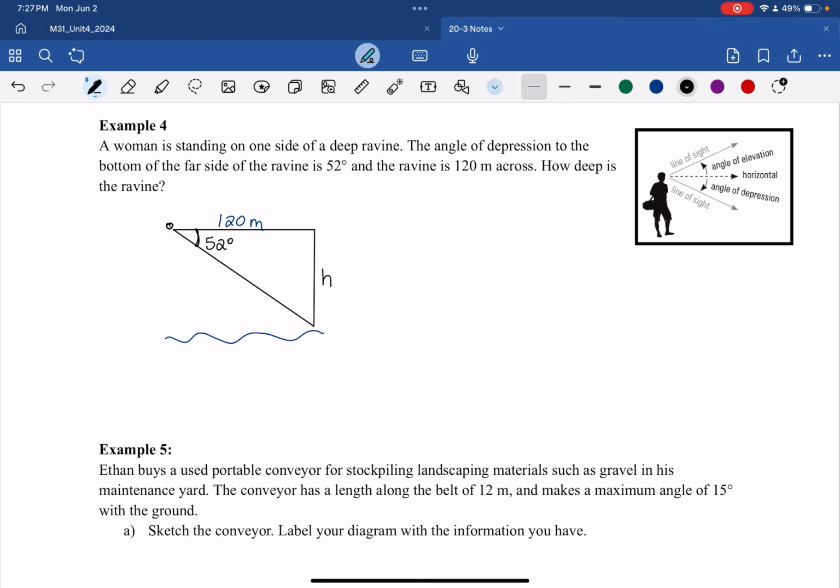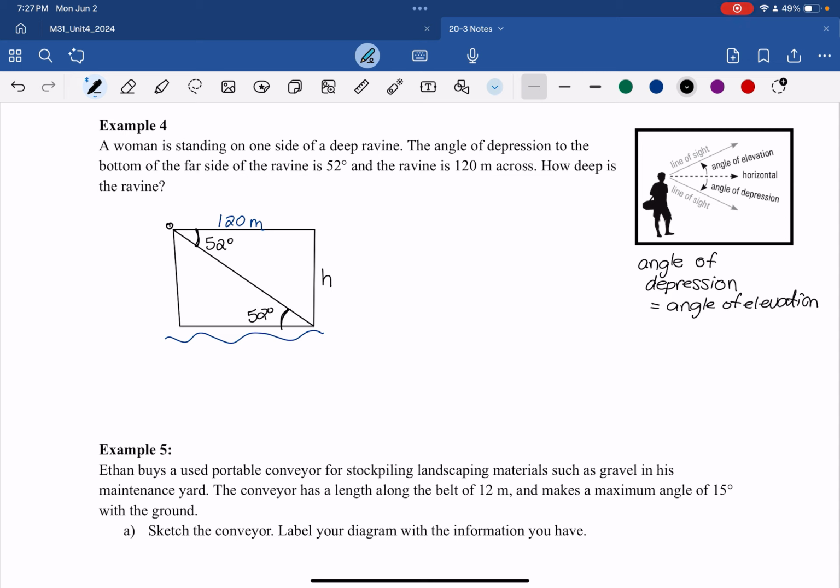One of the things you can know is that our angle of depression is the same as our angle of elevation. So if I were to draw this, and I'll erase this in just a second, my angle of elevation would be right here because it's from my horizontal up.